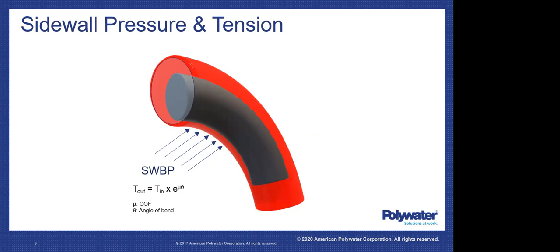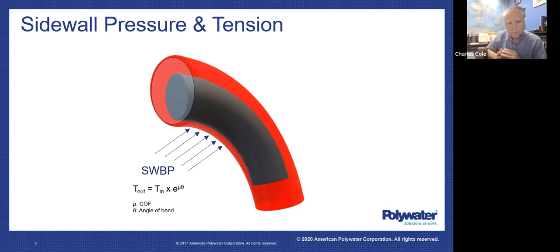So you can see here that the tension in a bend is a function of the coefficient of friction in the exponent. So you've got your tension in, then you're multiplying that by the natural log raised to the coefficient of friction and the angle of the bend.